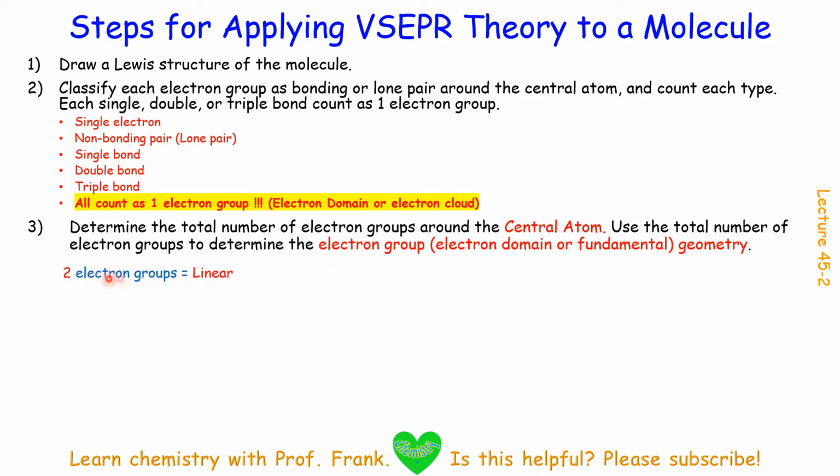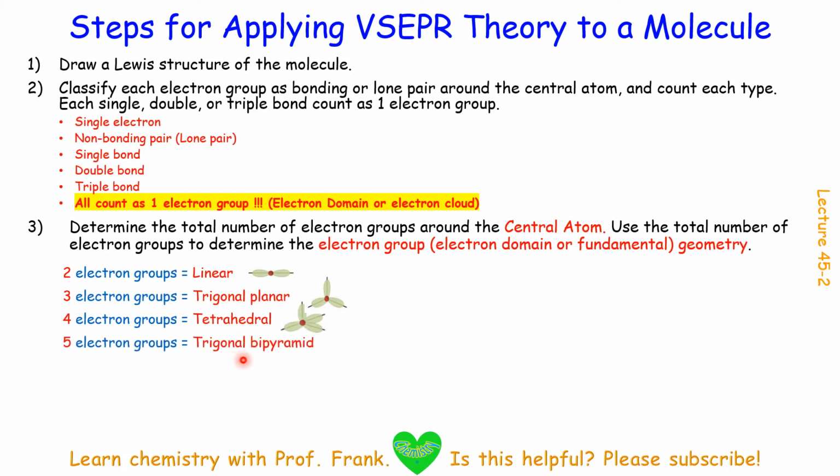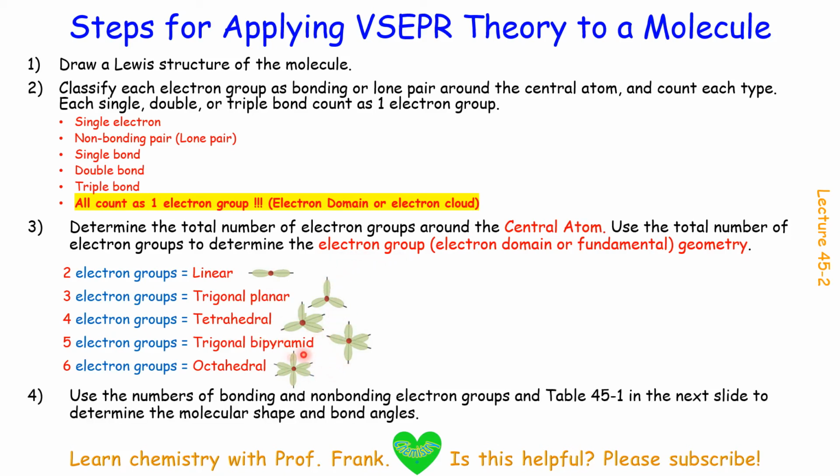If there are two electron groups, the electron group geometry is linear. 3 groups, trigonal planar. 4 groups, tetrahedral. 5 groups, trigonal bipyramidal, like this. And 6 electron groups, then we have octahedral. Those are electron group geometry, not molecular geometry yet.